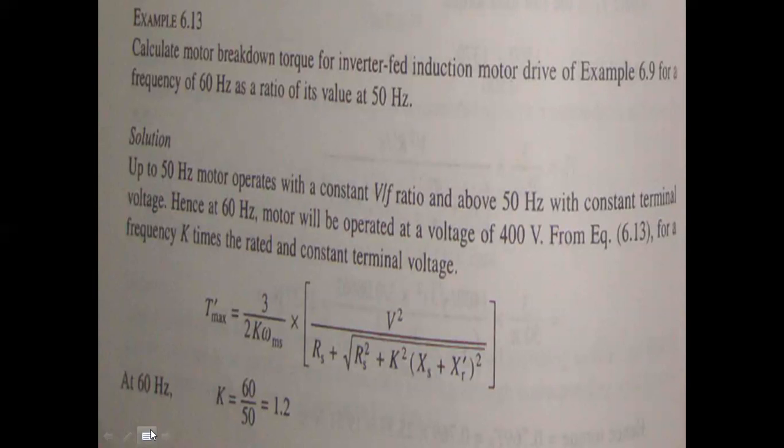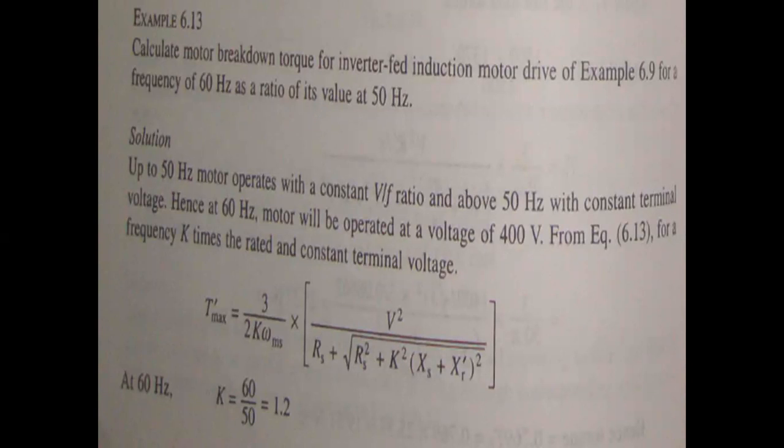And from equation 6.13, for the frequency K times the rated value. Since it is given as a ratio, it means it is given for the value of K. Only K will be changed. So K is equal to 60 by 50, that is equal to 1.2.